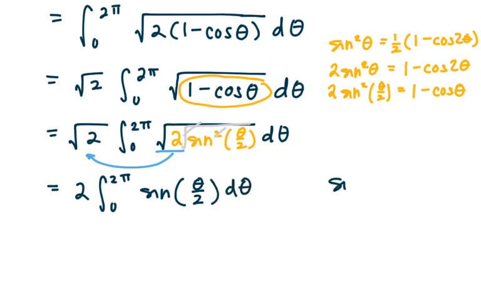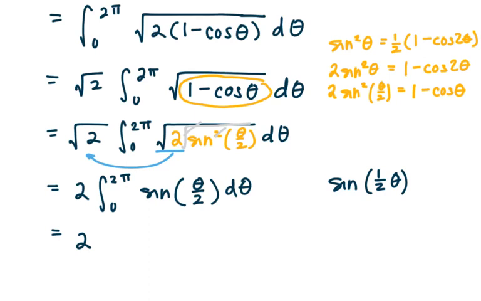Now remember, when we are integrating sine of theta over 2, that's the same as writing sine of 1/2 theta. So that's a coefficient we're going to need to divide by, that 1/2 value.